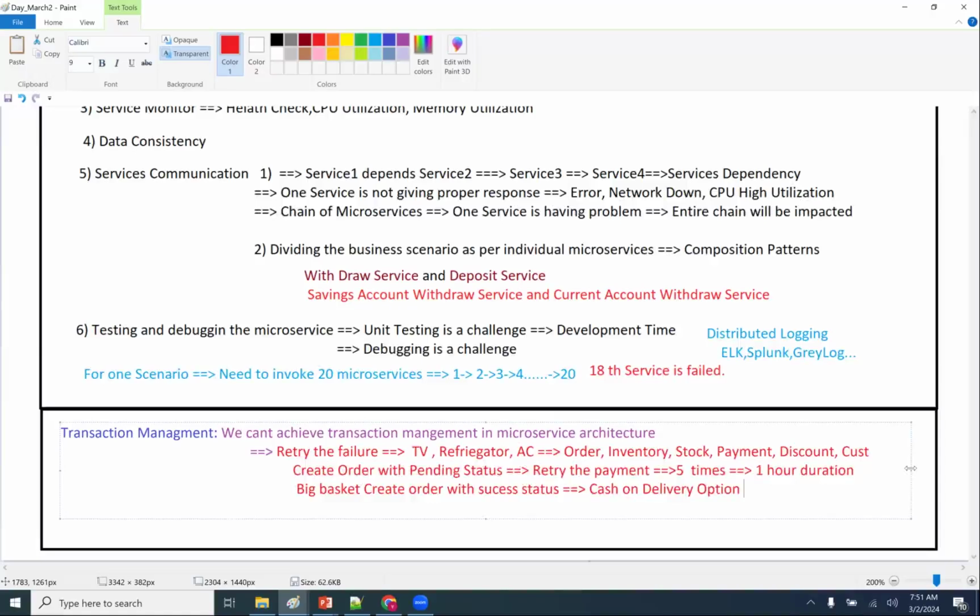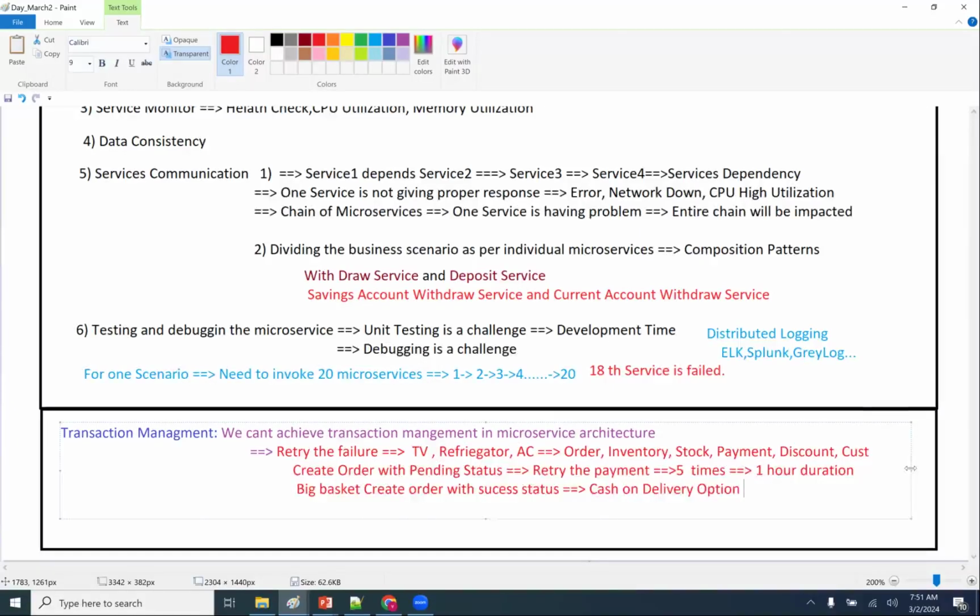It depends on different business variations. That's why I gave two examples, guys, Amazon and Big Basket, and I explained. So a transaction may not be possible. An efficient way of handling the case is that every business comes with their own idea. In Big Basket, they will create with cash on delivery. Amazon, they will retry. Definitely there will be some option.